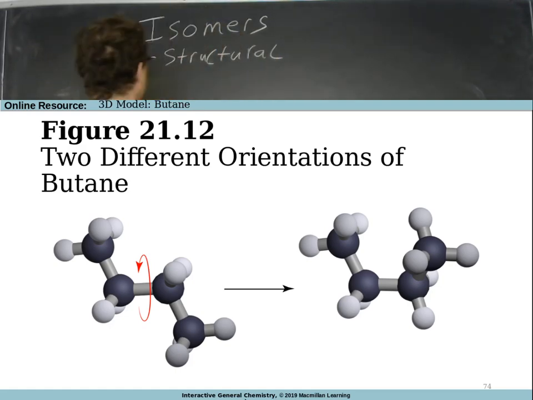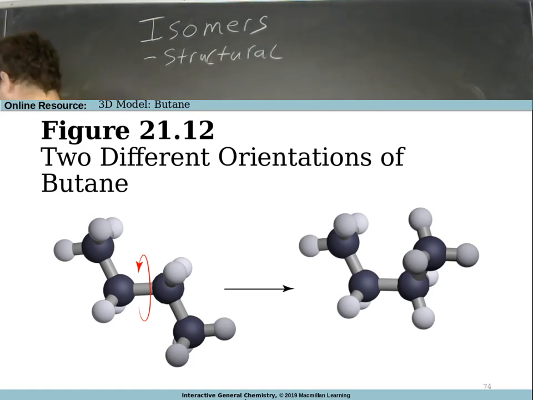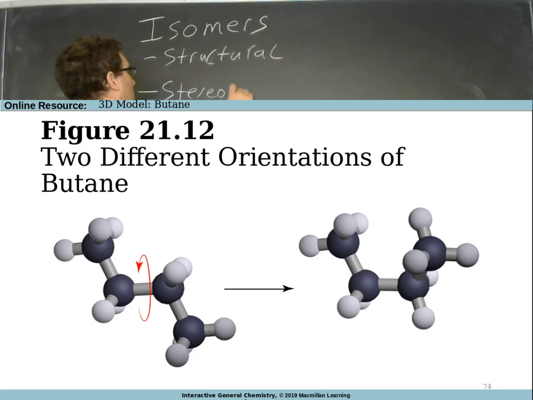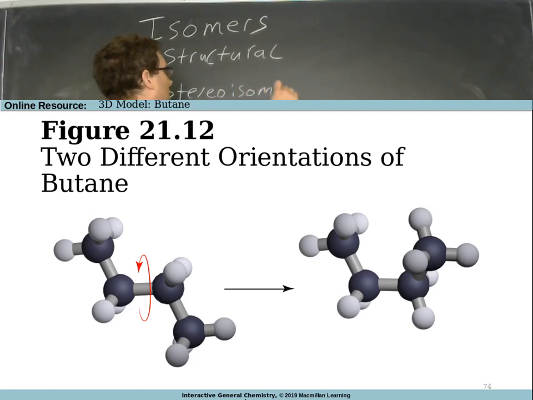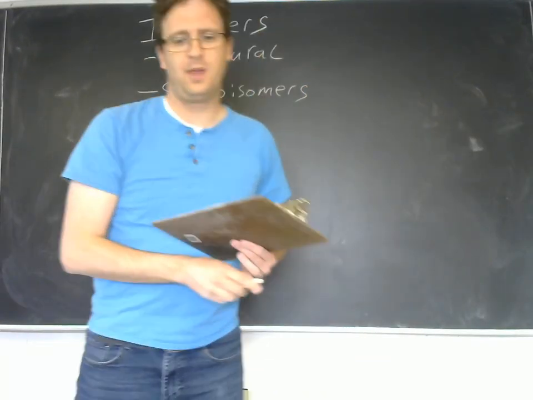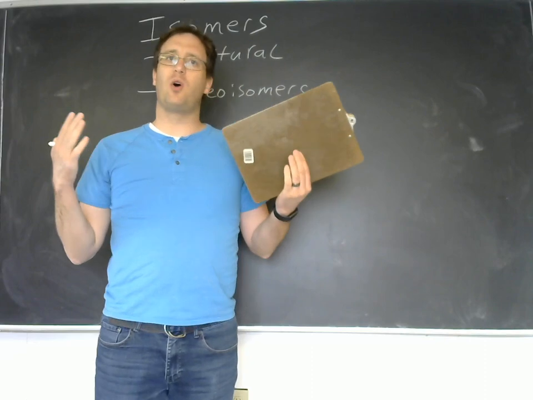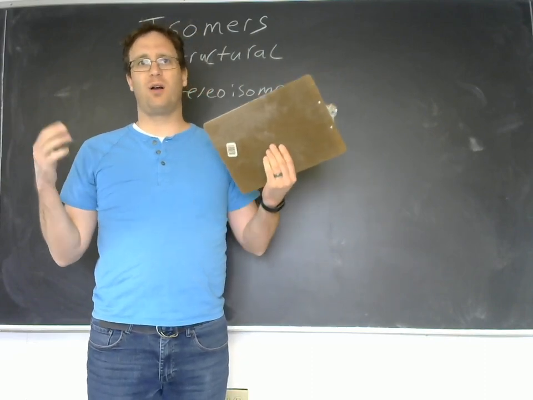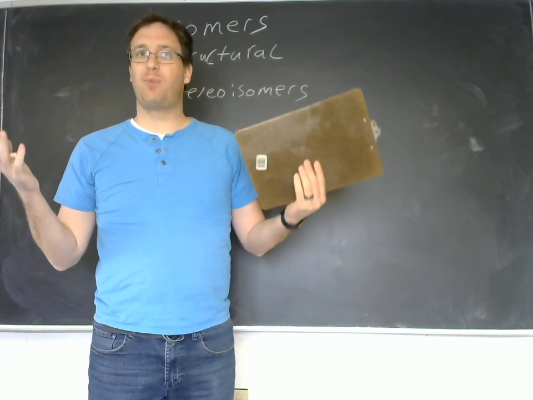The next type we'll call stereoisomers. Stereoisomers are where you can have molecules that all have the same bonding partners.